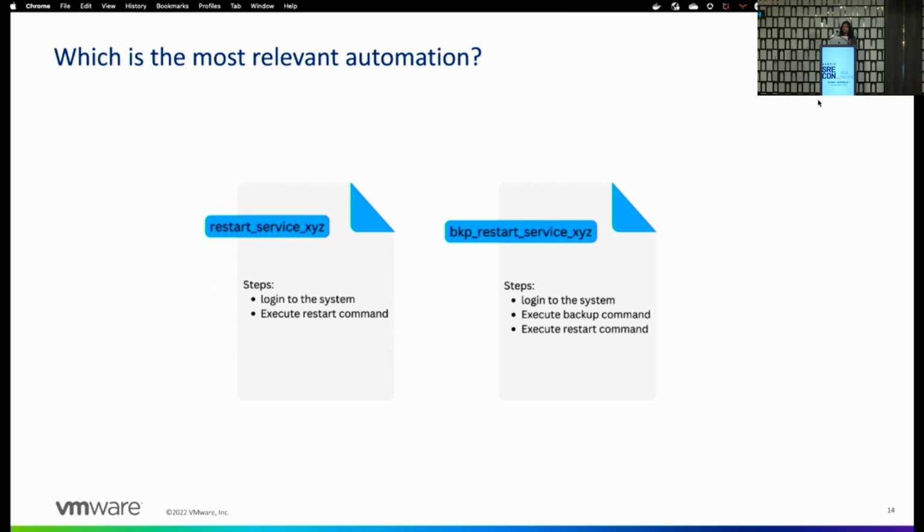If the version of the customer STDC is something that supports backup, then the second one. Otherwise, it is the first one, right? So it exactly depends on the time and the incident itself, and it is not always set that this is the automation that is very relevant.